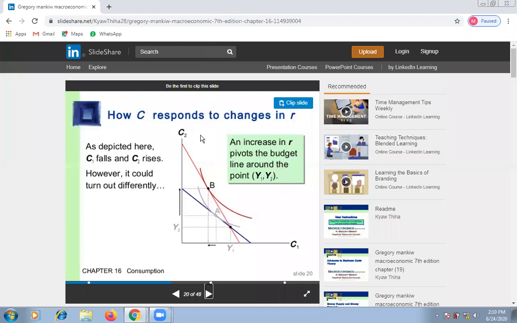depends upon how consumption responds to changes in income level. When our income level changes, then our budget constraint shifted upward with the income level increase in both time periods. If interest rate changes, then how does consumption respond to this change?